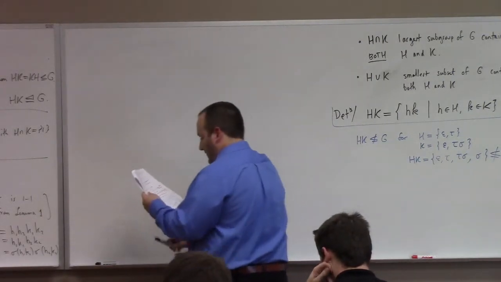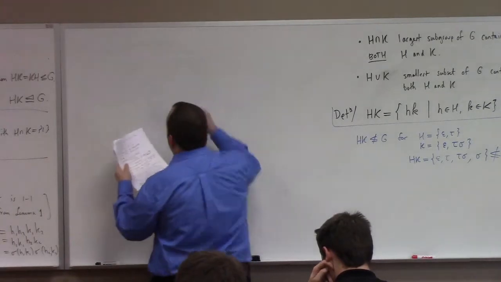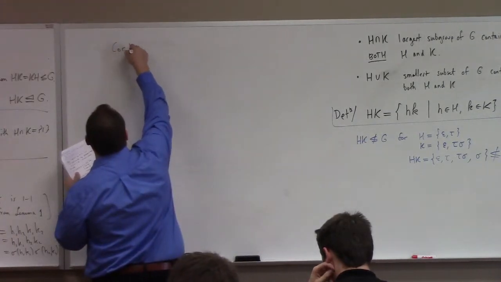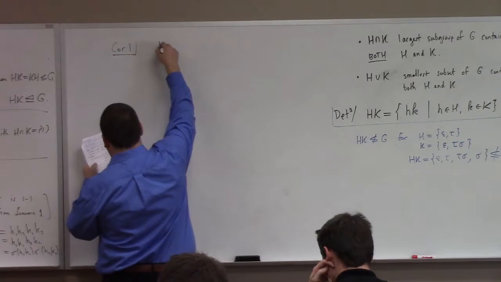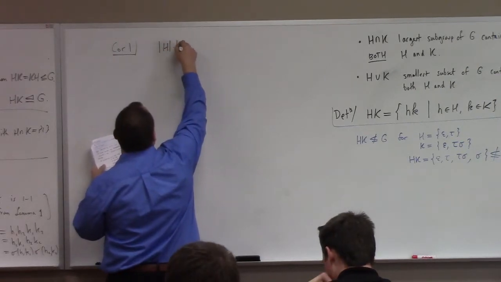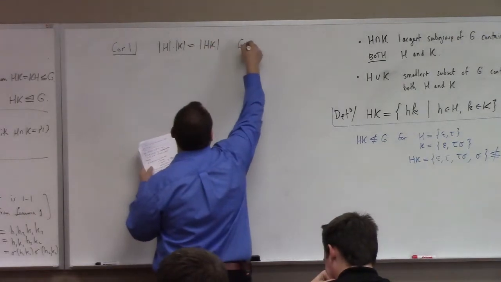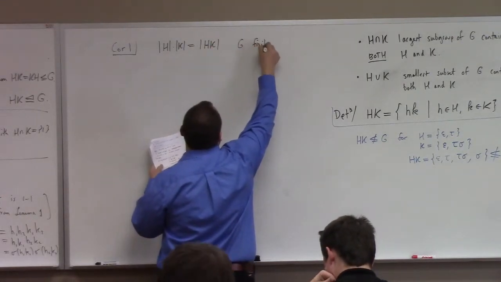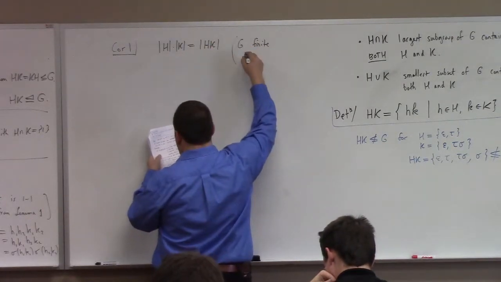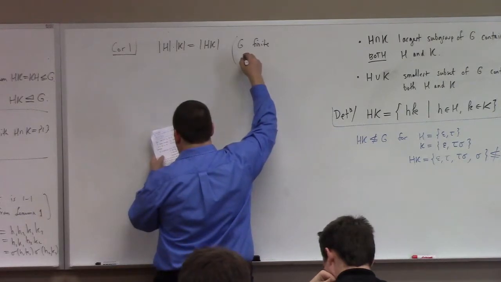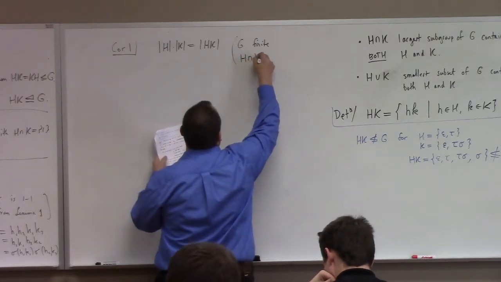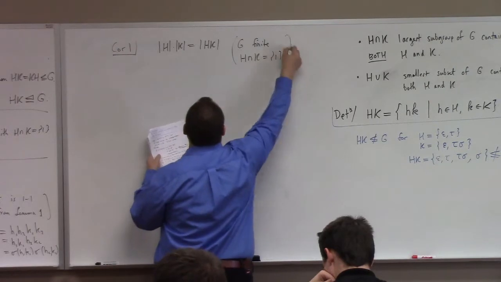So corollary 1 basically says that the order of HK is equal to the order of H times the order of K, for G finite. And we're also assuming, of course, that H intersect K is equal to 1.